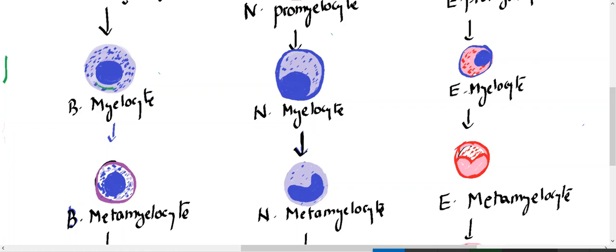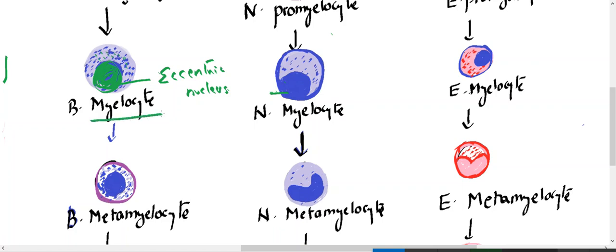The myelocyte picture should have been somewhere here. The myelocyte will have an eccentric nucleus. That's very important, and the vignette is going to tell you that it has an eccentric nucleus. Eccentric means not exactly in the center, away from the center. They'll tell you the myelocyte has dense blue granules and an eccentric nucleus.